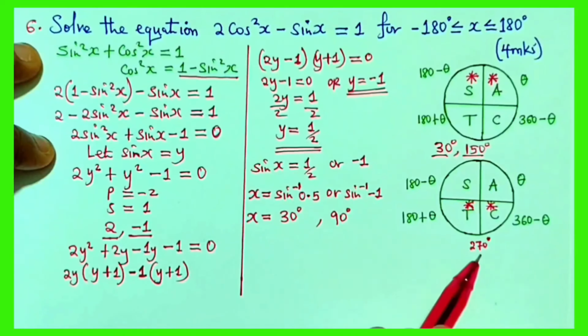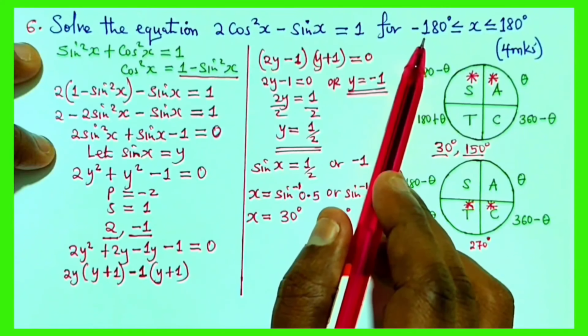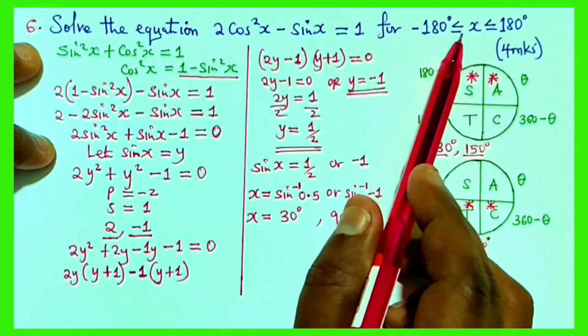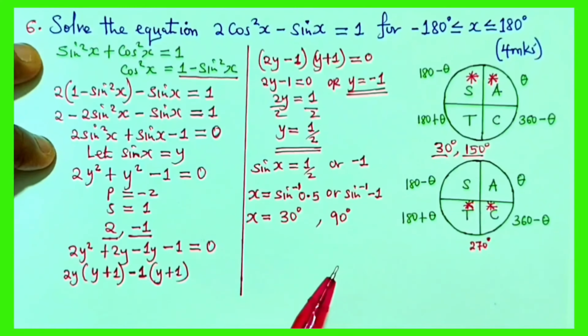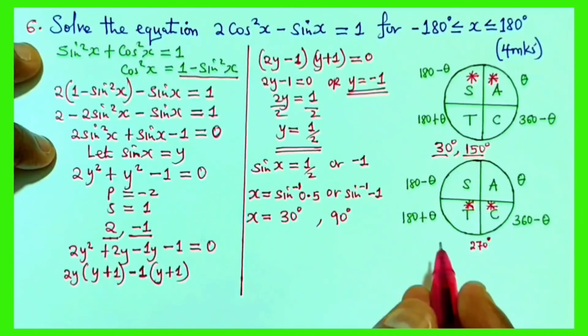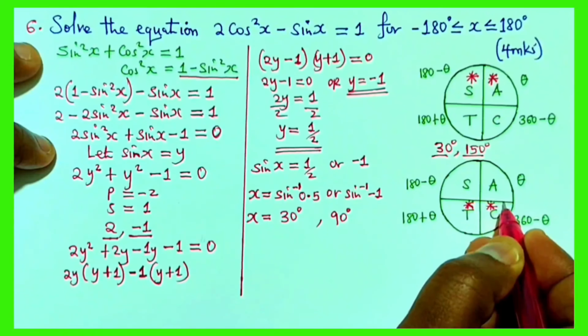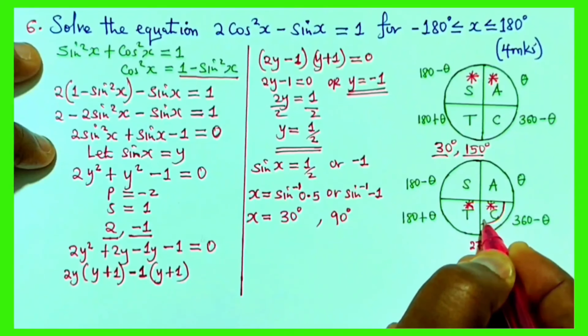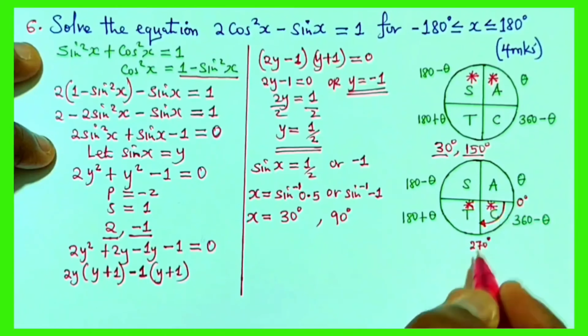But 270 degrees is not in the range, because we've been told our range is negative 180 degrees less than or equal to x less than or equal to 180 degrees. So the value that we will pick from there is moving in a clockwise direction from 0 degrees.